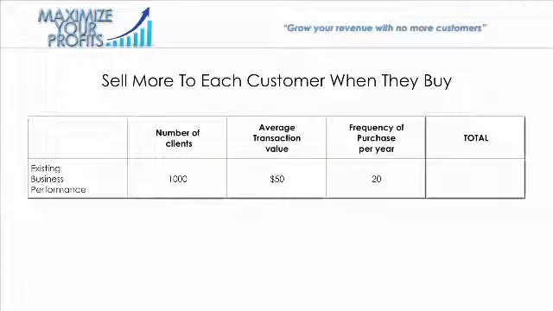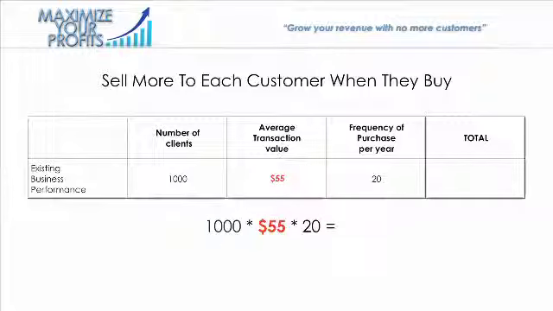But let's look at selling more to each customer when they come in and when they buy. Again, we'll start off with the same chart. We'll look at the number of clients, the average transaction value, and the frequency of purchase per year. But this time, we'll start to change the average transaction value, and we'll move it up 10% from $50 to $55. And we'll do the maths again.